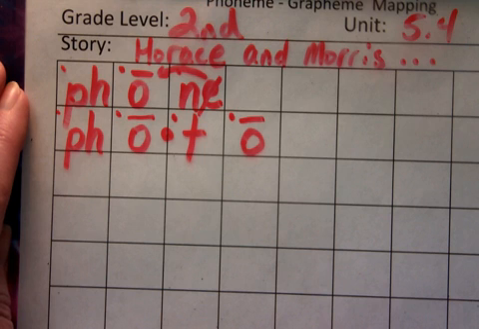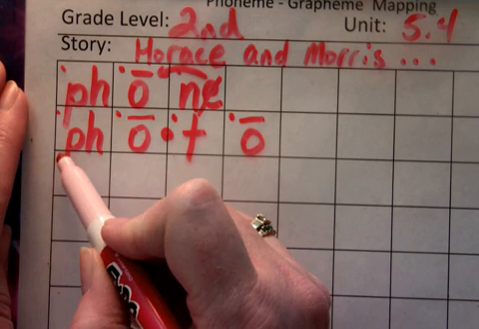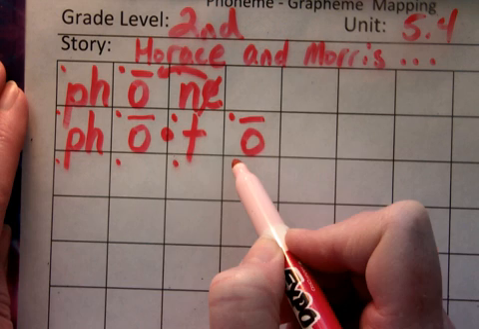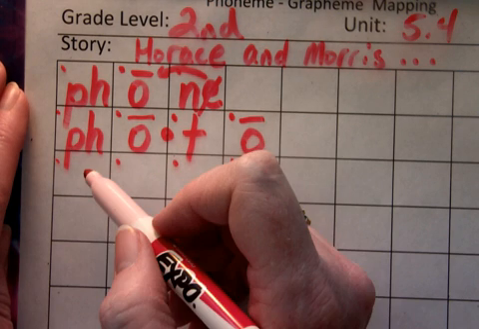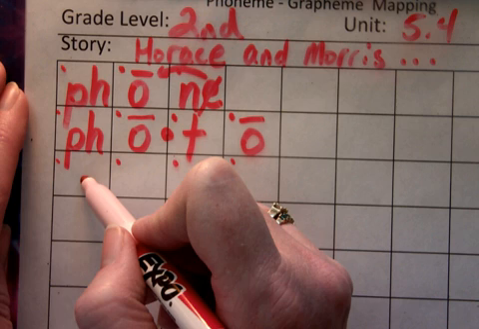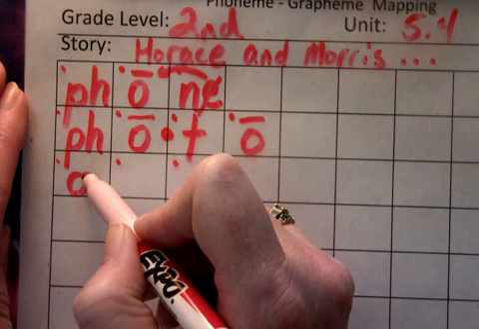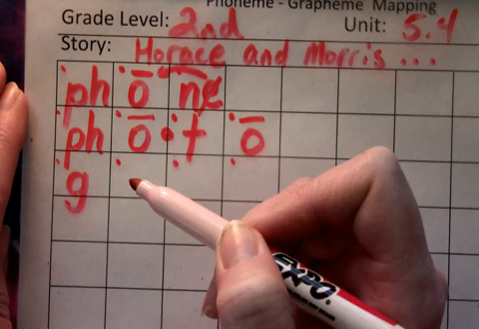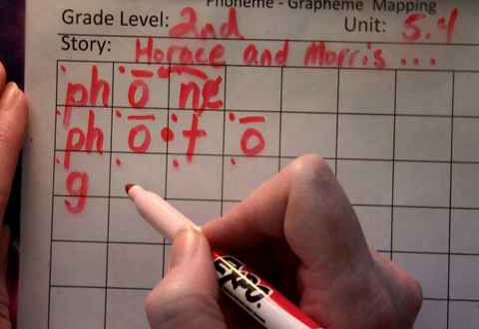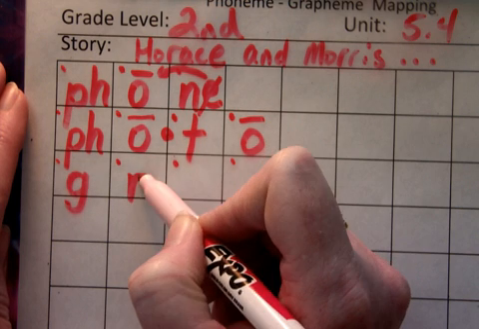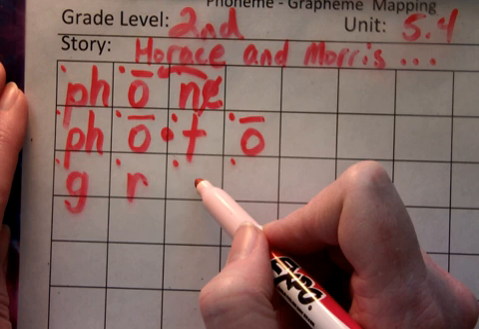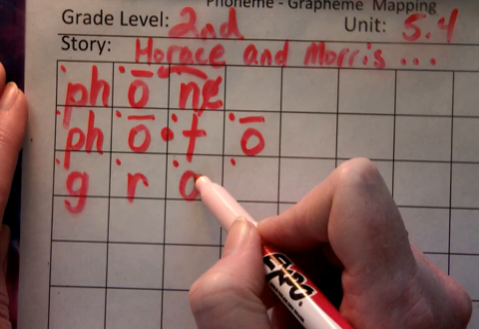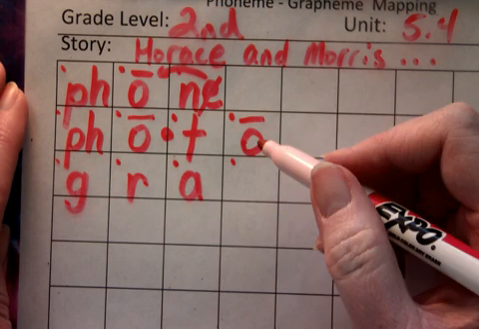The next word is graph. G, R, A, F. The first sound is G. Make your magic C, up and touch, down and hook to the front. R. A. Magic C, up and touch, down and bump.